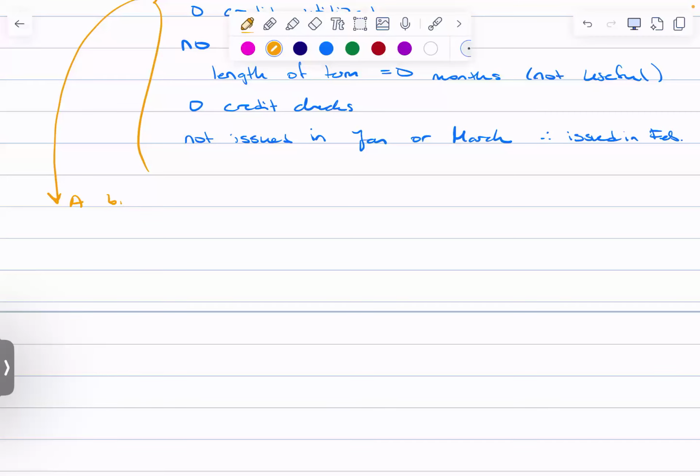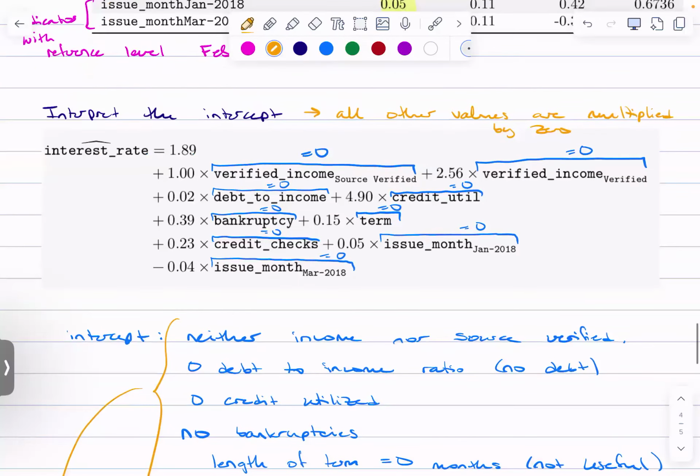A borrower with these characteristics has a predicted interest rate of 1.89%.